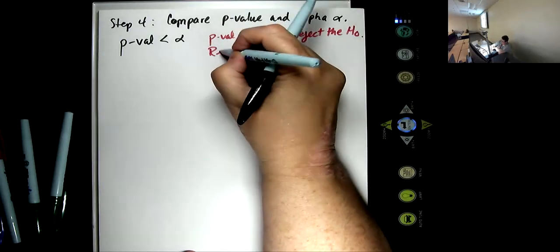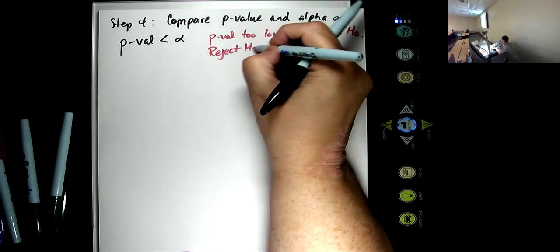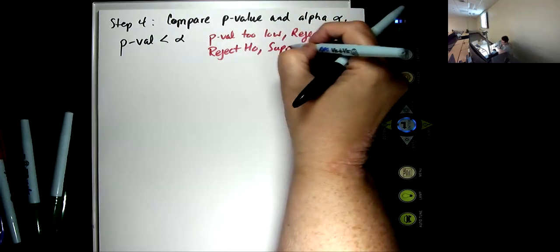We're going to reject H naught, the null hypothesis. We're going to support HA.